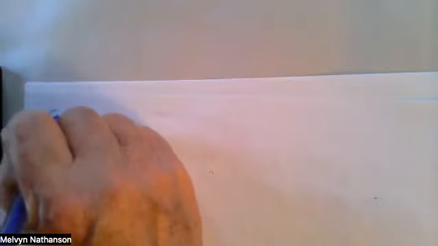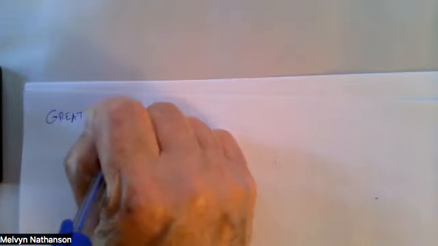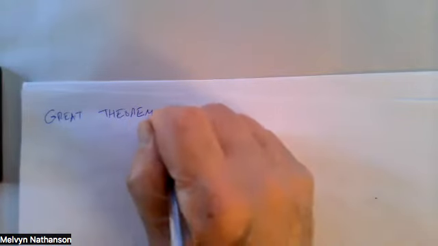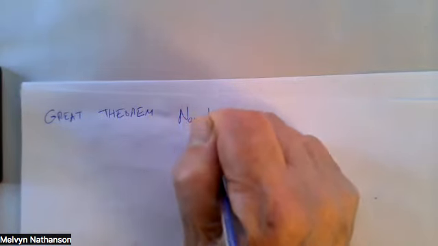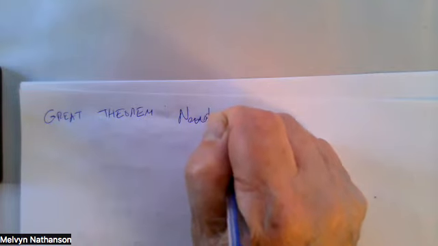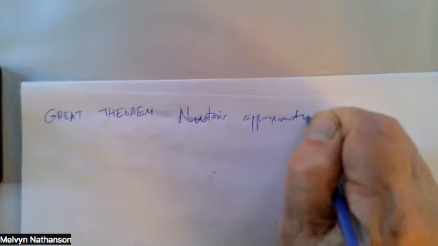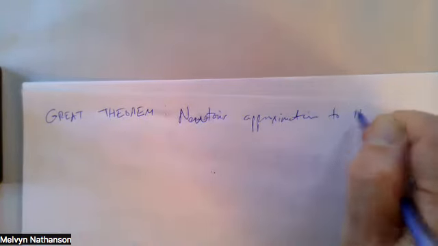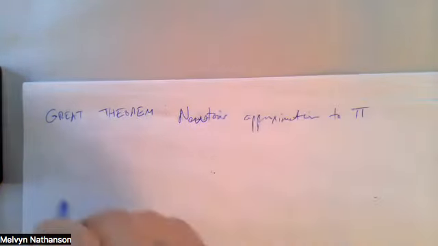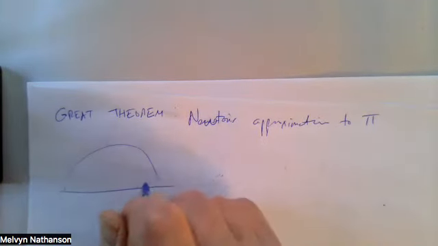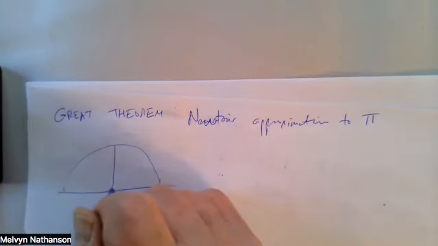So in this chapter, the great theorem is Newton's approximation to pi. And he does it in two ways.